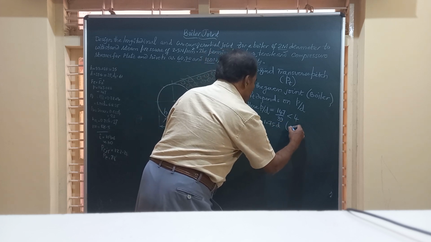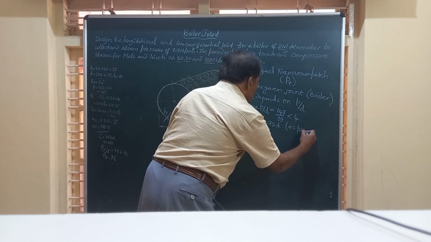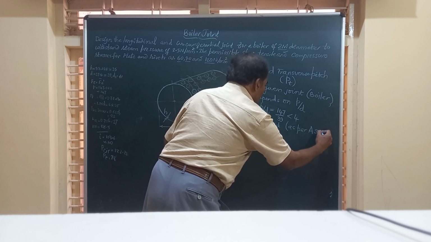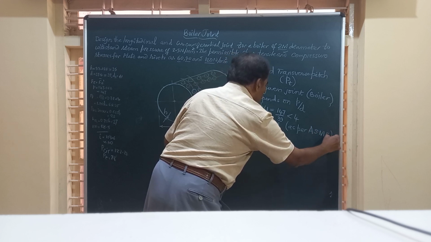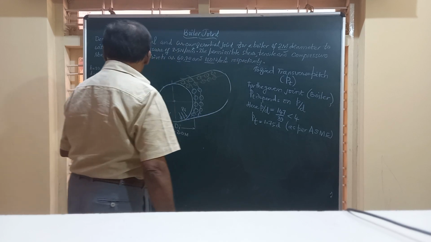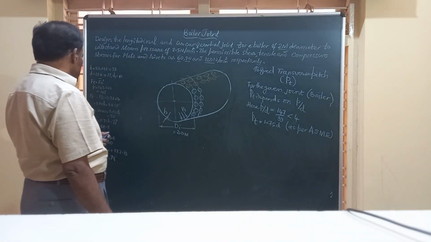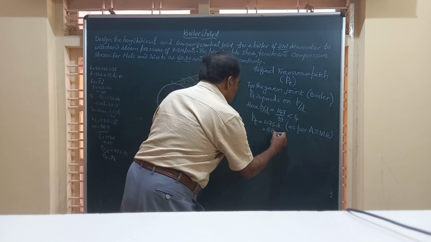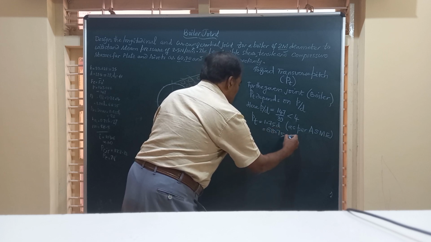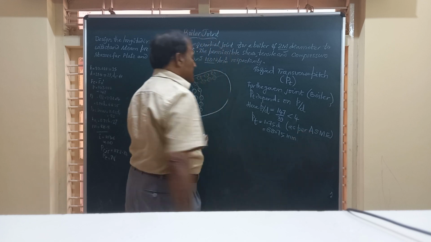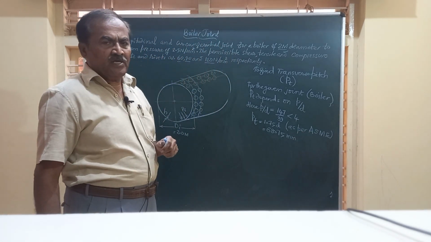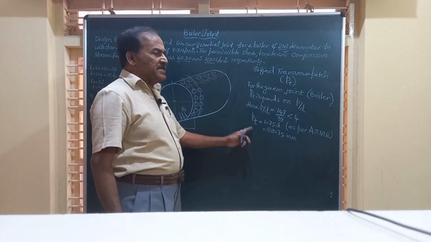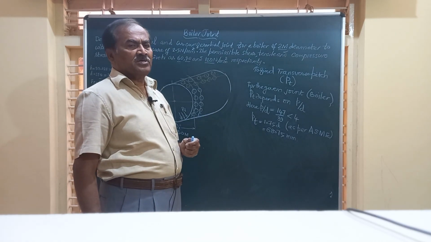As per ASME code, it should be 1.75D. It works out to 68.75 millimeter.